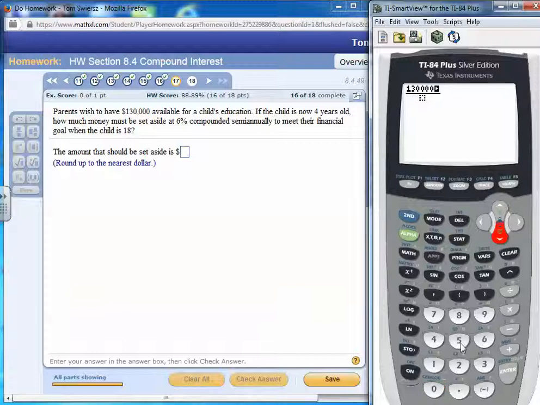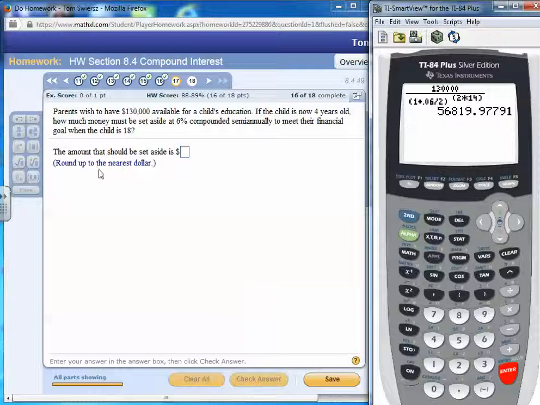The denominator is the quantity 1 plus the rate, 0.06 divided by 2 semi-annually, raised to the exponent 2 times 14 years, because the child is 4 and they're going to 18.